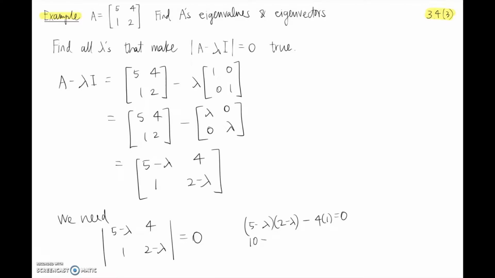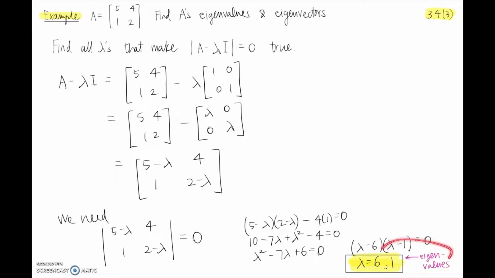That's 10 minus 5 lambda minus 2 lambda, which is minus 7 lambda, plus lambda squared minus 4 equals 0. This is a quadratic equation. So lambda squared minus 7 lambda plus 6 equals 0. And that I can actually factor. It's lambda minus 6, lambda minus 1 equals 0. So this is awesome. I found two lambdas. Lambda equals 6 and 1. So these are my eigenvalues here.